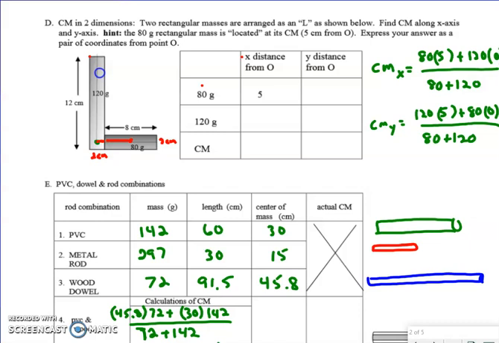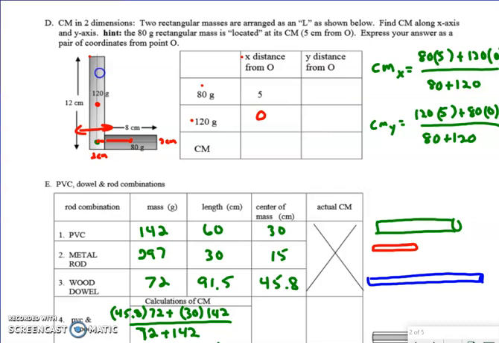Then I can ask, how far is this dot from here in the x direction? Since it's directly above it, it's 0 away. It's in the same location, at least as far as the horizontal direction is concerned. Wait a second, I got that backwards. The 0 should be right here: the 120 gram mass is 0 away in the x direction.